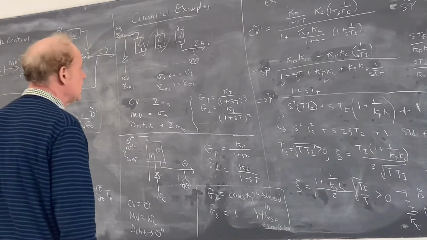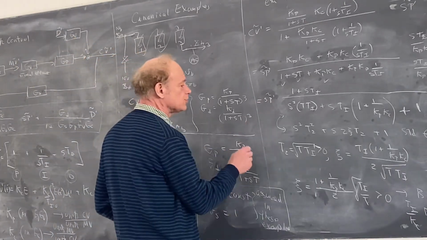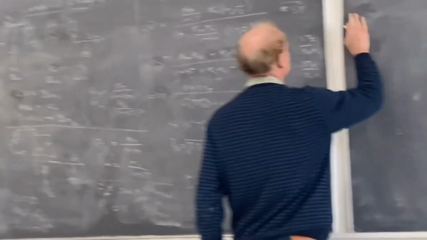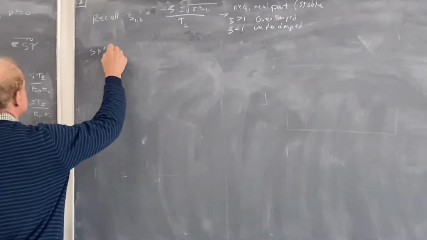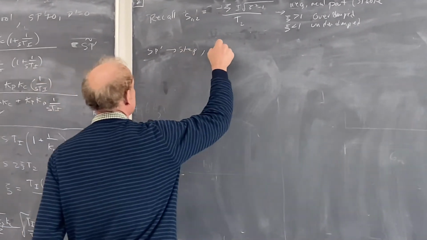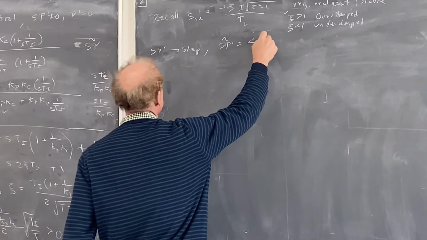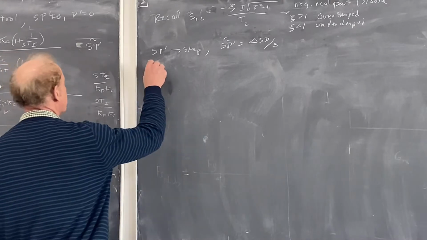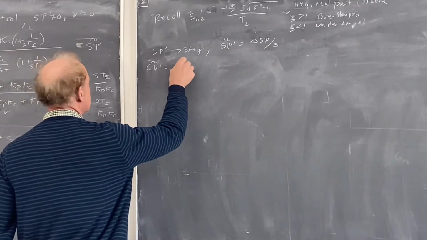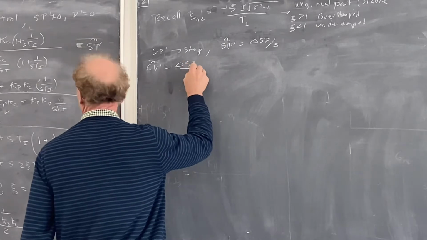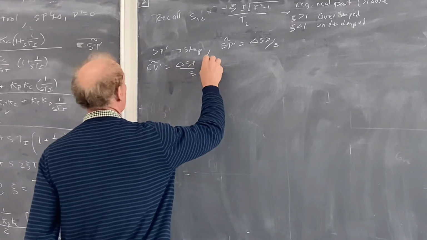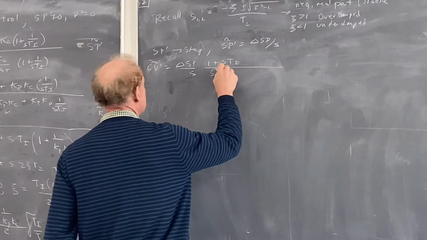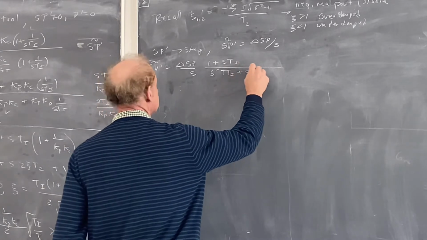So let's notice that if SP prime is a step, then SP prime tilde is delta SP over S. And therefore, I can note that CV prime tilde is delta SP over S times 1 plus S Ti, divided by S squared Ti over Kp Kc plus S Ti plus 1.